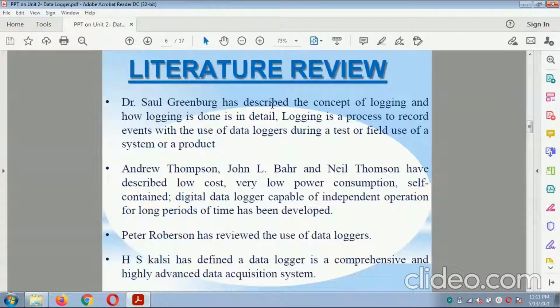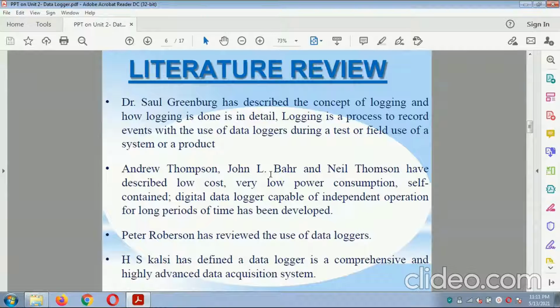The literature review. Dr. Seymour Greenberg has described the concept of logging, and how logging is done, in detail. Logging is a process to record events with the use of a data logger during a test or field use of a system or a product.